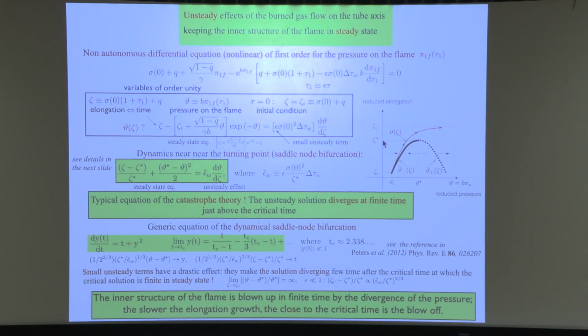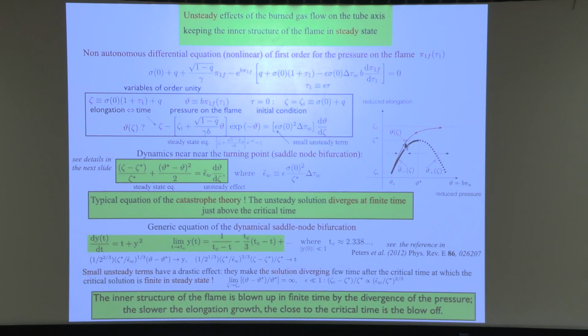In such a way that if you go to zero, for example, now you know these are subtleties of a distinguished limit. Now, if you go to zero, what is going to happen? This dynamical critical value of the time is approaching the quasi-steady critical solution.